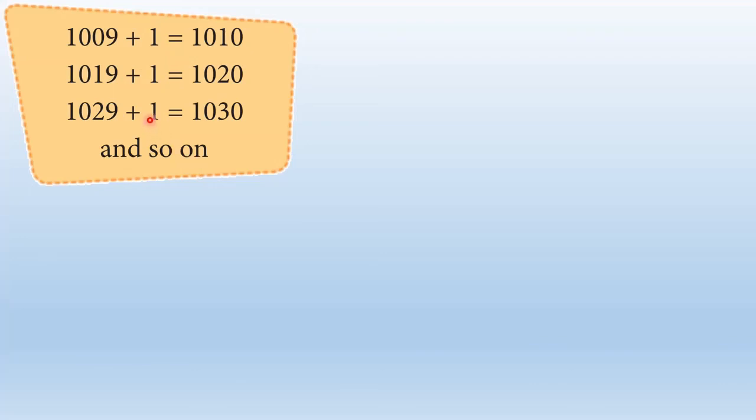That means when we add 1 to a number having 9 in its ones place or tens place or hundreds place, the numbers are rearranged. Here we get 1010, here 1020, and here 1030 when we add 1 to 1029. The simple thing is, when we add 1 to any such number, we get the next higher number.